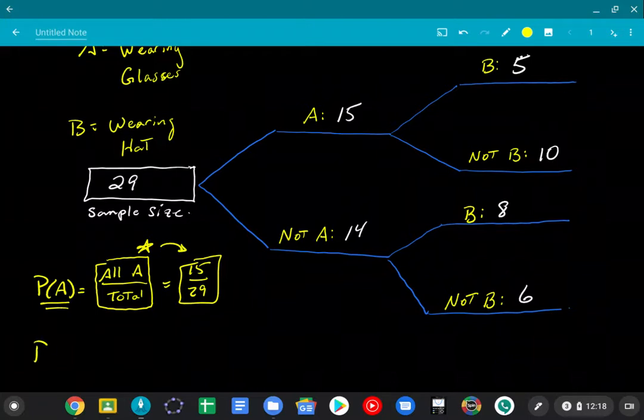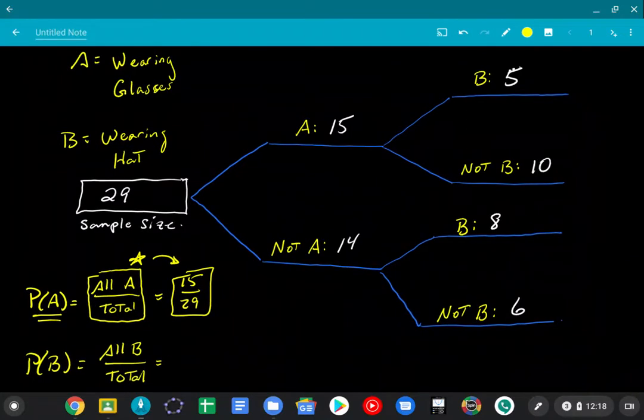Let's try this. Probability of B. So I want all B over total. So all of B, let's see. Well, some of the B's came up here and some of the B's are up here. We have a total of 13 B's. And again, if saying the letter B is throwing you guys off, then give it some meaning, like what I did up here.